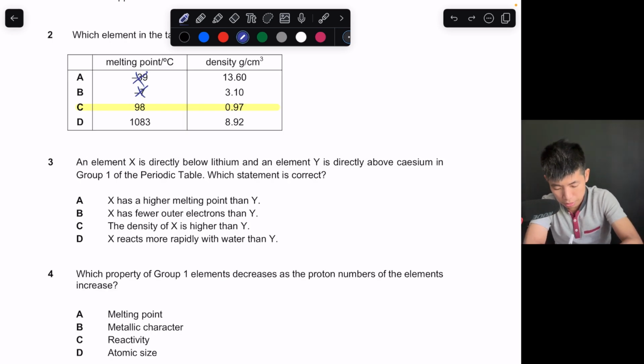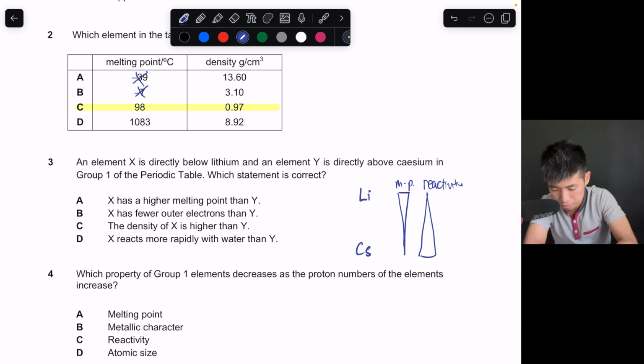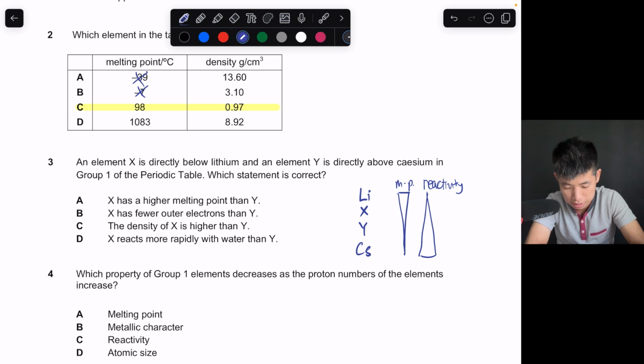Question 3, we have lithium and we have cesium. We know that going down the group, the melting point decreases, but the reactivity increases. So element X is directly below lithium and Y is directly above cesium.